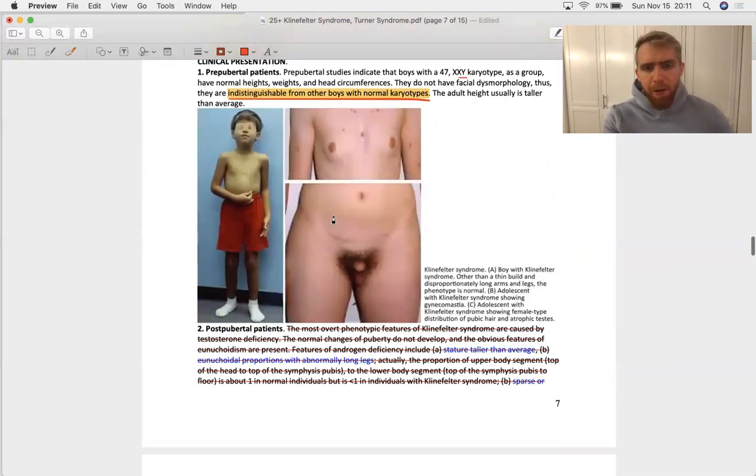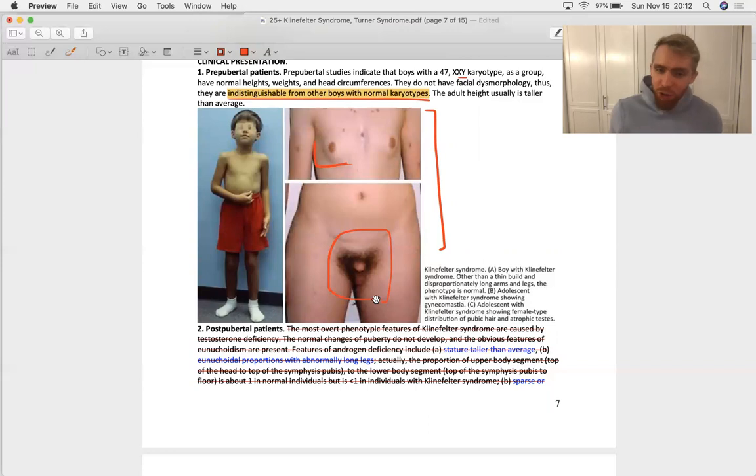So that body habitus, we're looking at it right here. A slight degree of gynecomastia in post-pubertal men, and also a hypogonadism. So that means that there's diminished functionality of the gonads, not the size. When we say hypogonadism, we don't mean small gonads.